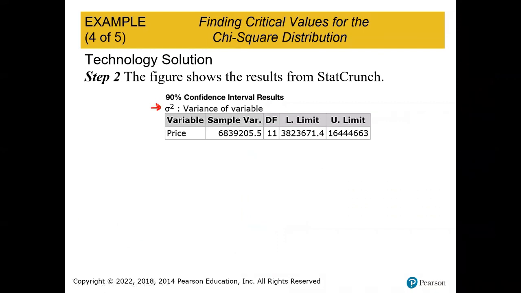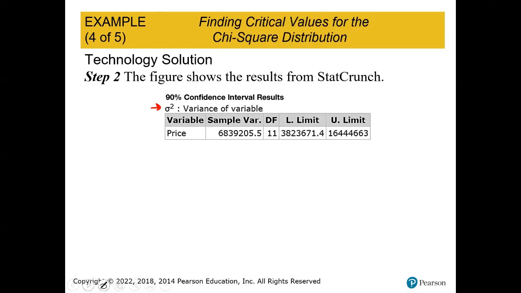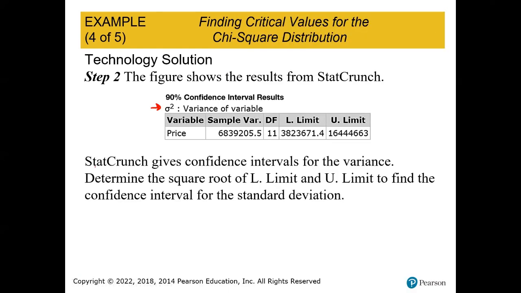What it gives you, and when you see the output, it says standard deviation squared or variance, okay? So what spits out in StatCrunch is the variance. We want the standard deviation. So StatCrunch gives the confidence intervals for the variance.